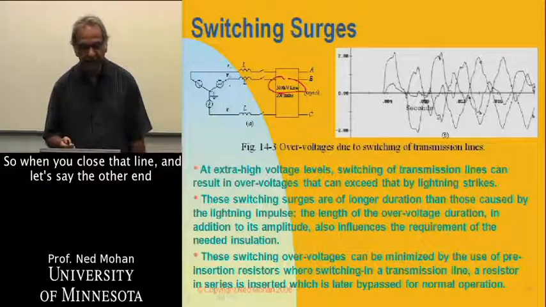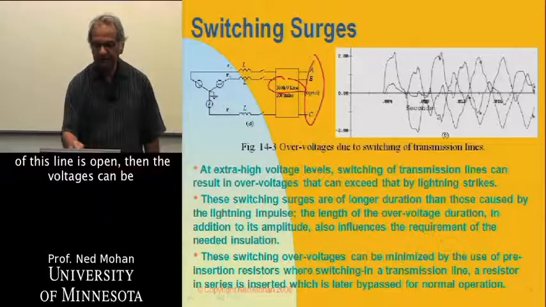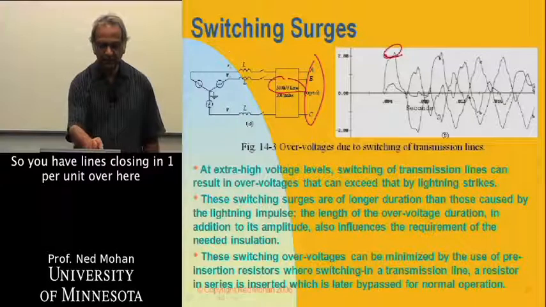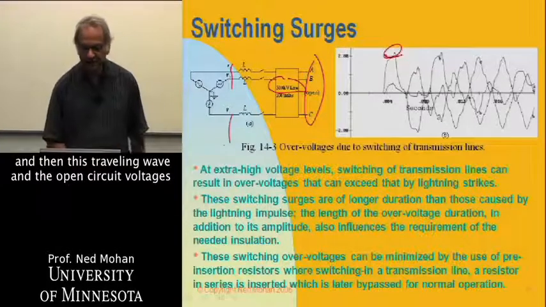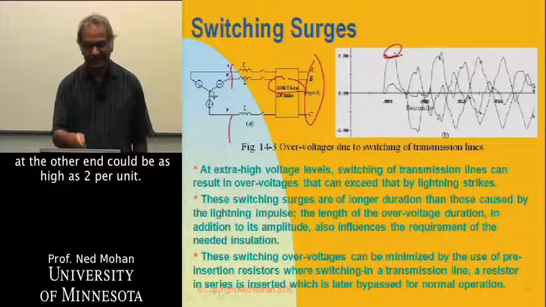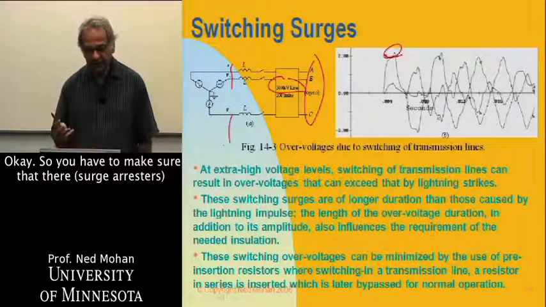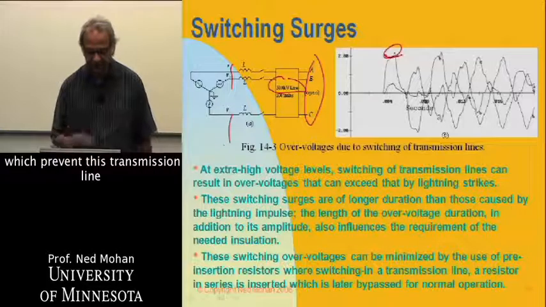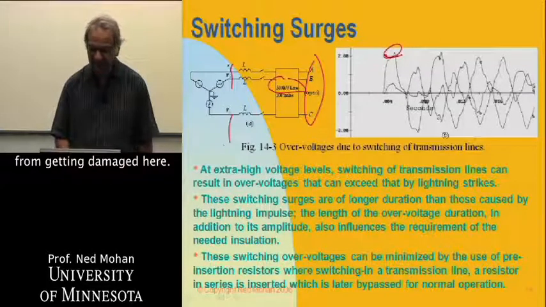So when you close that line, and let's say the other end of this line is open, then the voltages can reach as high as 2 per unit. So you apply closing in 1 per unit over here, and then there are traveling waves, and the open circuit voltage at the other end could be as high as 2 per unit. Okay, so you have to make sure that there are surge arresters which prevent this transmission line and whatever apparatus may be connected from getting damaged here.